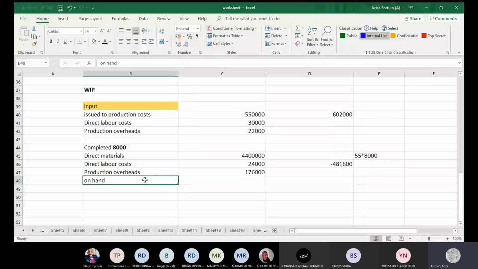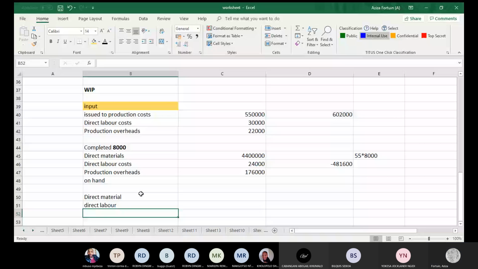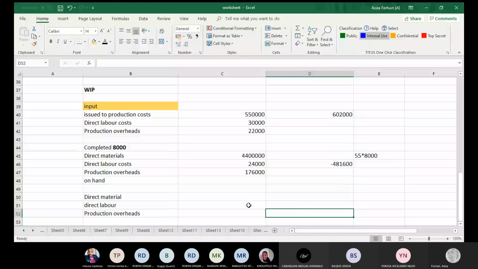Now let's do our closing inventory, or on hand. Once again, how much direct materials do I have on hand, how much direct labor, and how much production overheads? Let's go with direct material.